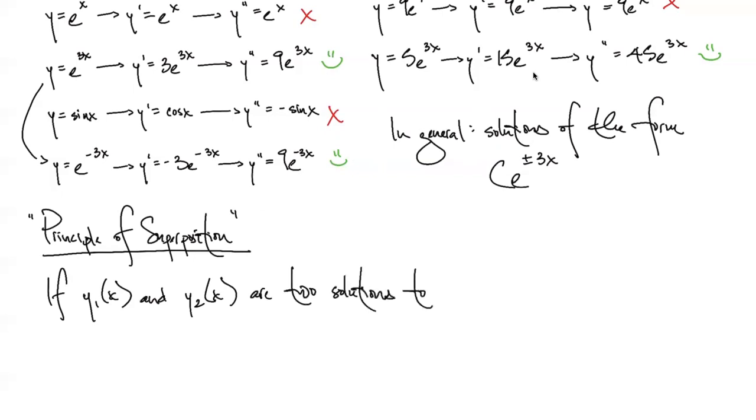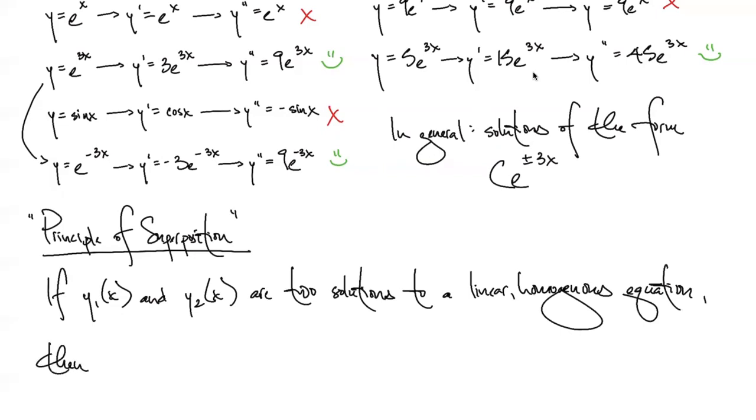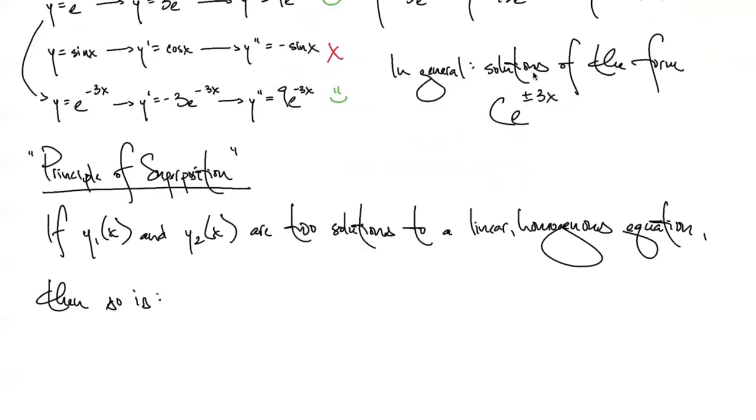to a linear homogeneous equation, then so is the following. Meaning we can write the general solution as y of x equals c1 y1 of x plus c2 y2 of x.